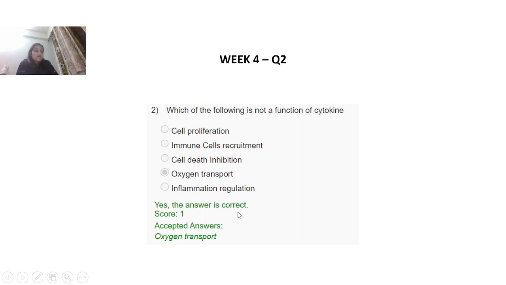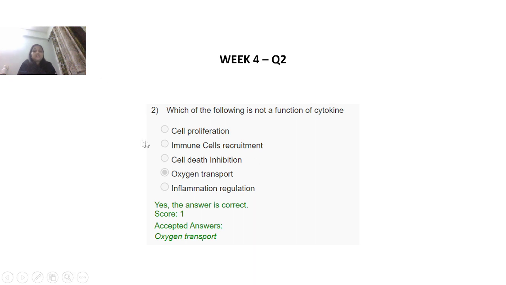According to her, why is cell death inhibition a function of a cytokine? Because cytokines are known to induce apoptosis also. It can prevent cell death as well as activate cell death. She had a doubt that cytokines can cause cell death, but sometimes it has been seen that cytokines can also inhibit cell death, like inhibit apoptosis pathways.